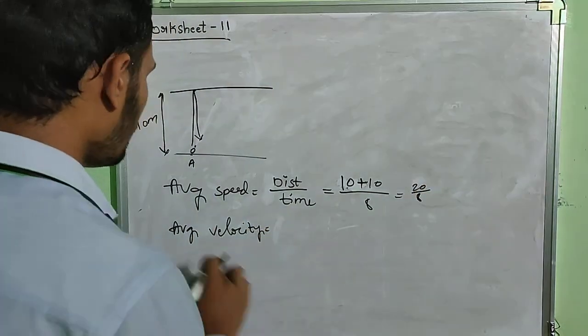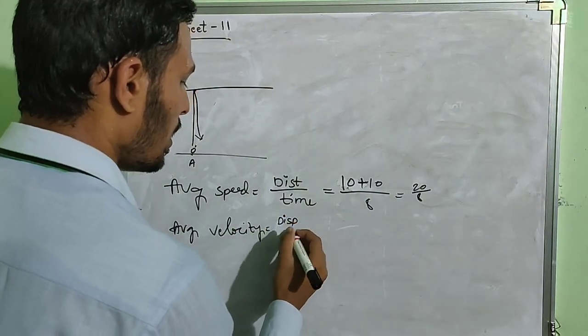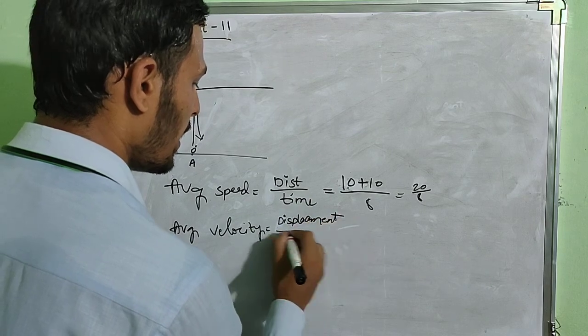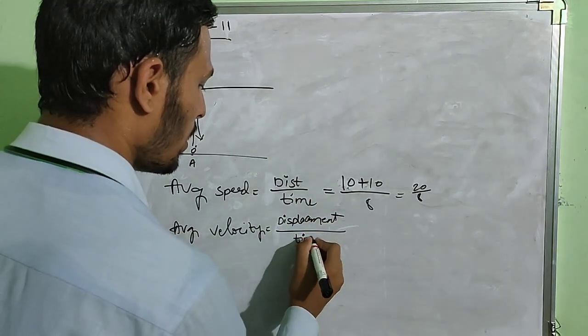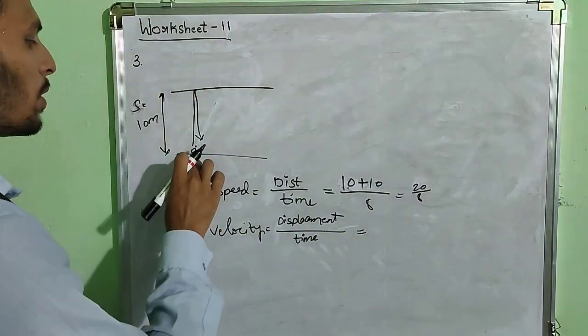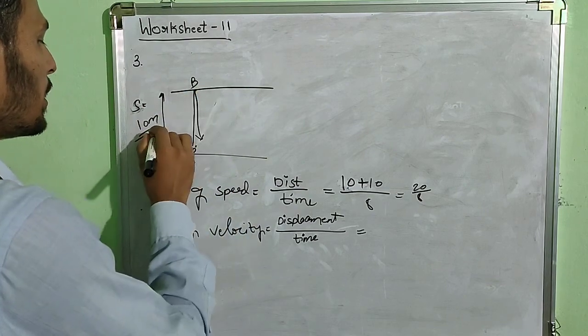Similarly, for velocity, we have displacement by time. Displacement is the shortest distance between A and B. Let us consider this point as B. So this is 10 meters.